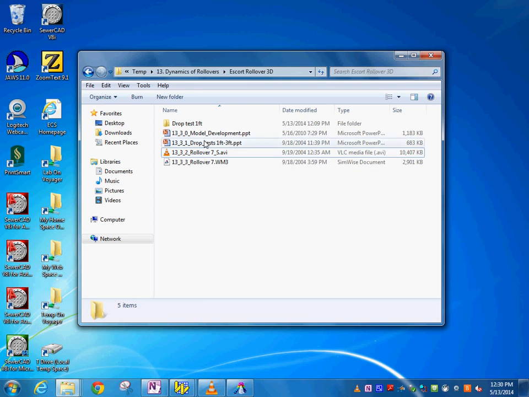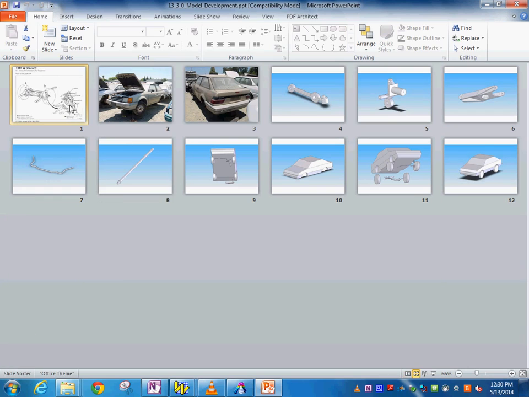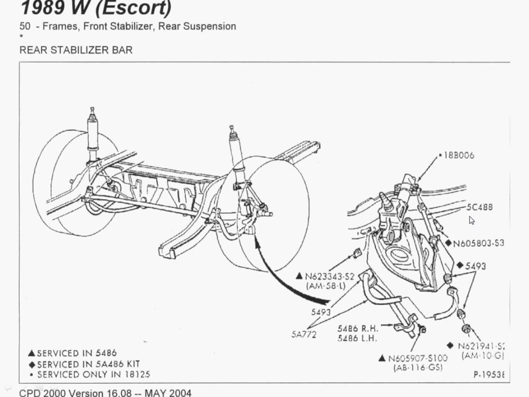So how do we actually develop this? This is a Ford Escort 1989, and you see we took a look at the parts from the actual vehicle, how the suspension on the back is made, and went ahead and actually modeled these parts to put together the system.